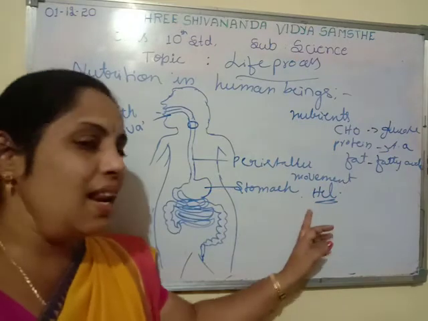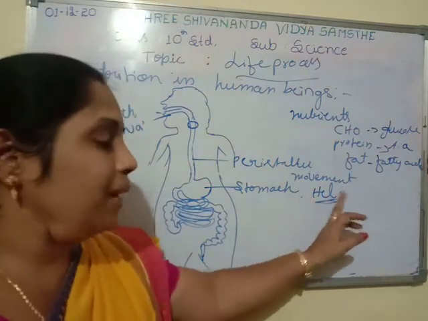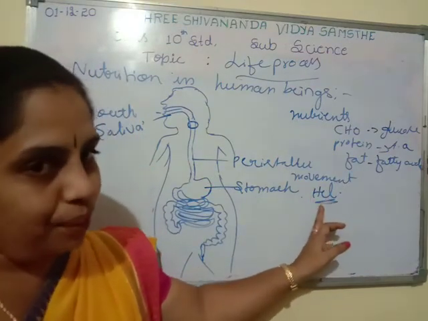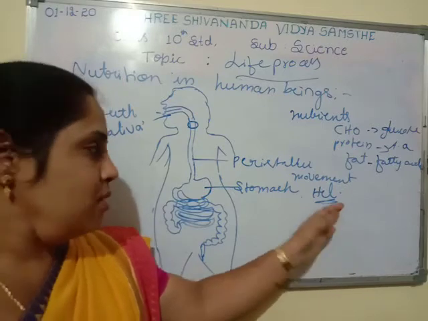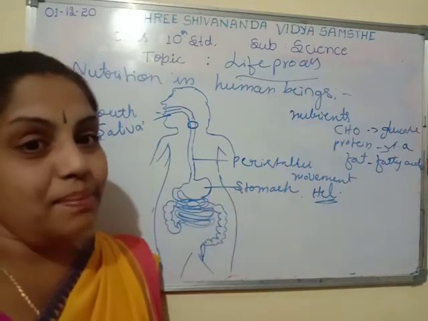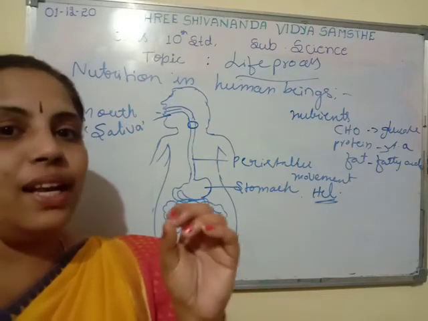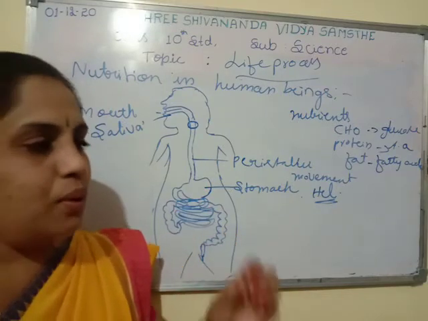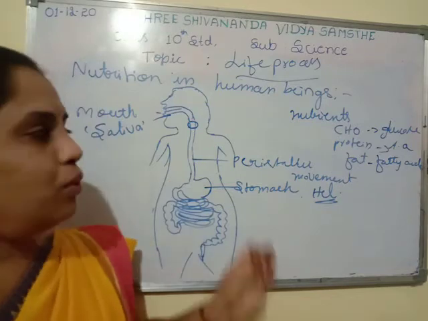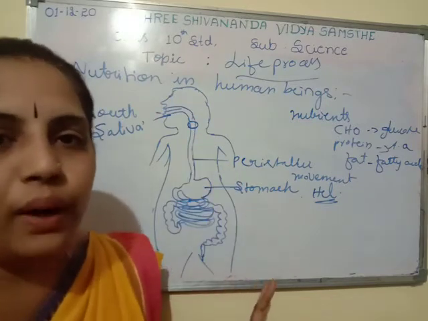HCl means hydrochloric acid. With the help of enzymes. Enzymes are nothing but biological catalysts. Because of enzymes, the whole food is digested in our body.